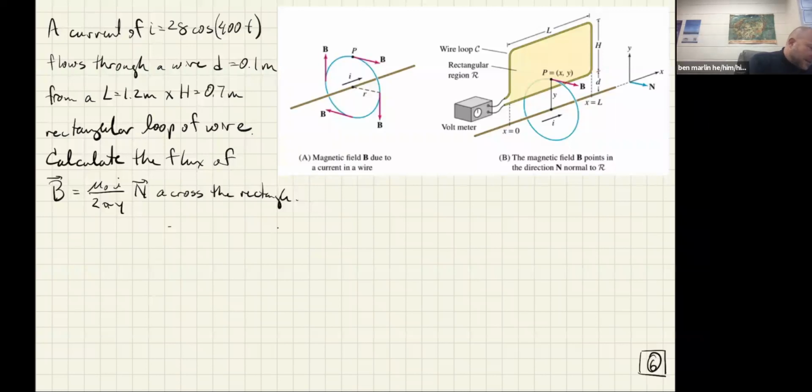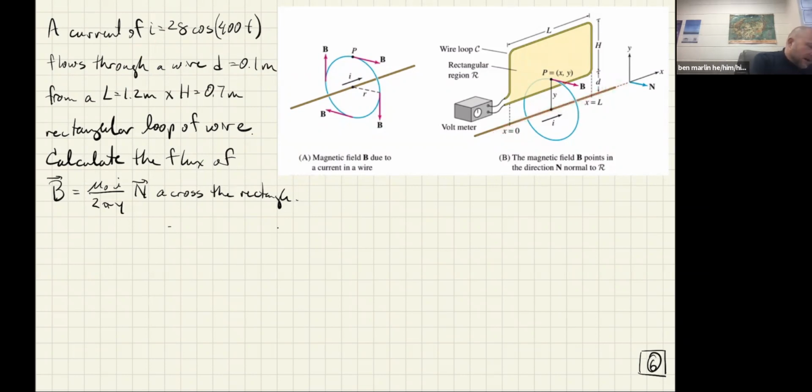So with the setup we've got here, the current is going to be this 28 cosine of 400t. Notice there's no x or y in that. That's not something that's going to vary with its position that we've got here on the x-axis. So that part's fine.